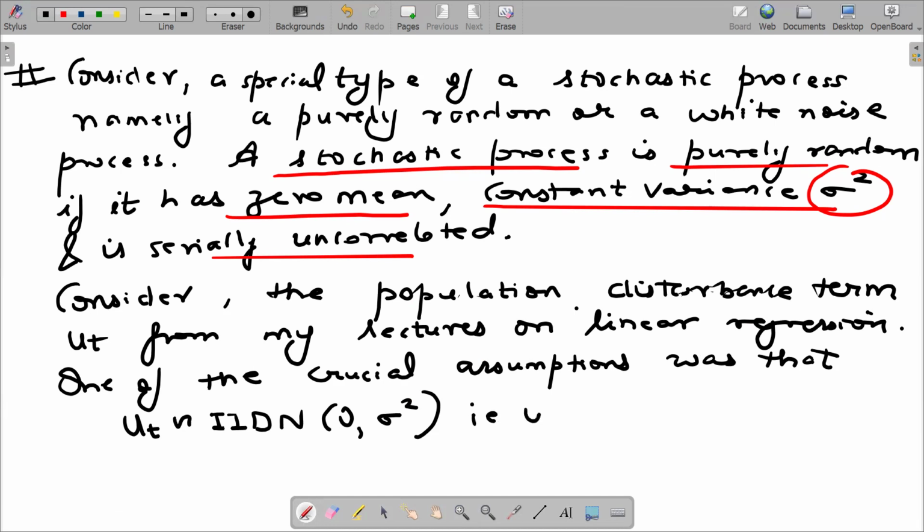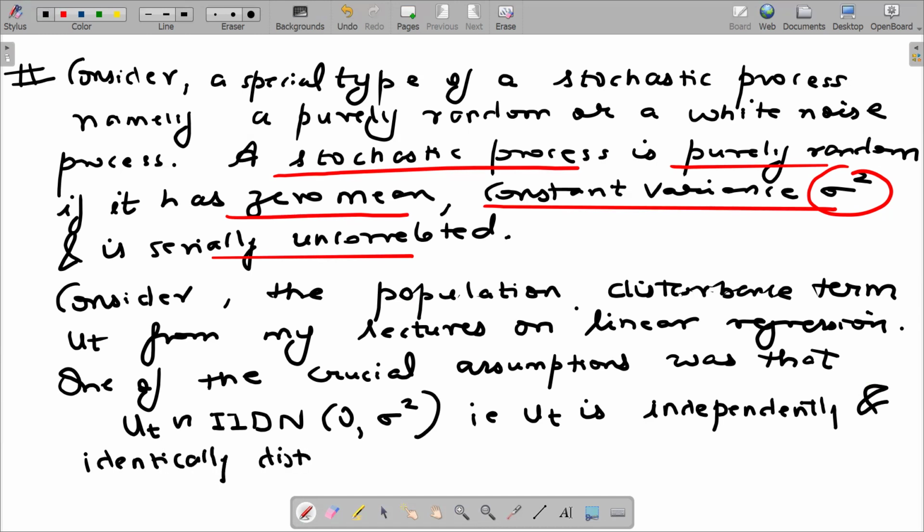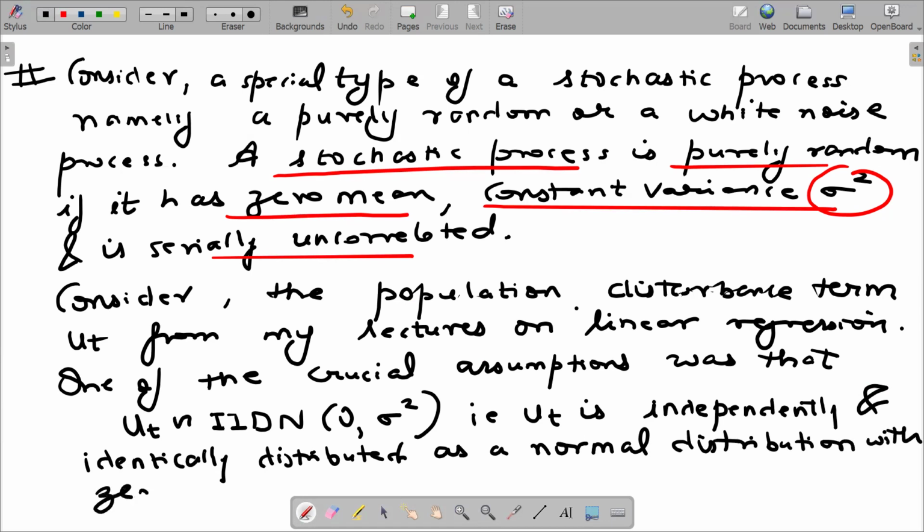That is, I can write UT is independently and identically distributed as a normal distribution with zero mean and constant variance, which is sigma square.